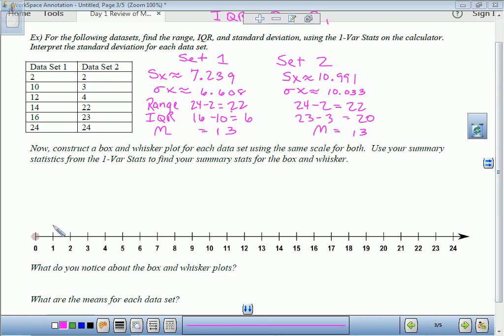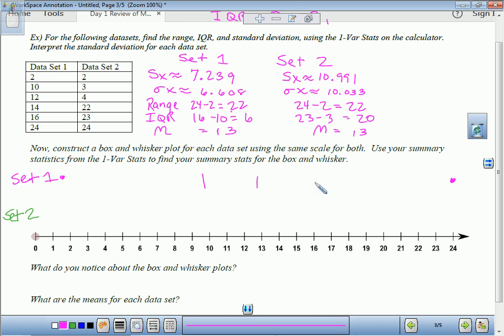So if we were to create a box and whisker, let's do set 1, and I'm going to do set 2 in a different color. To do a box and whisker, the first thing we'll do is dots for the min and max values. Set 1 has a min value of 2 and a max value of 24. Then we do lines for Q1, the median, and Q3. Q1 of data set 1 was 10. The median of both data sets is 13.